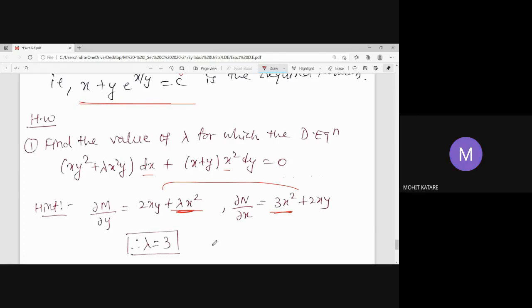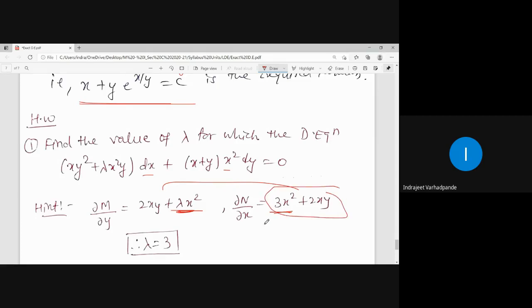Sir, here lambda will be constant. Yes, lambda is constant. Two xy plus lambda square x square is equated with 3x square plus 2xy.